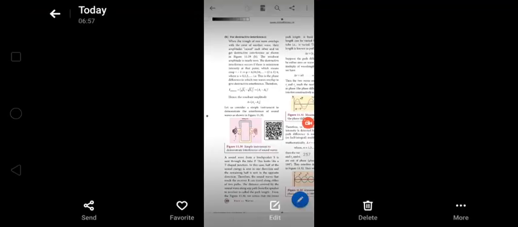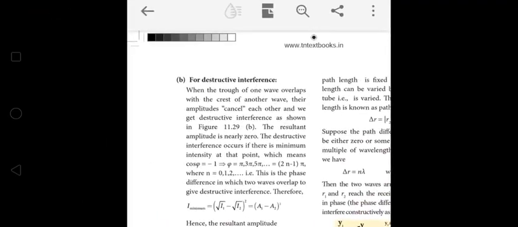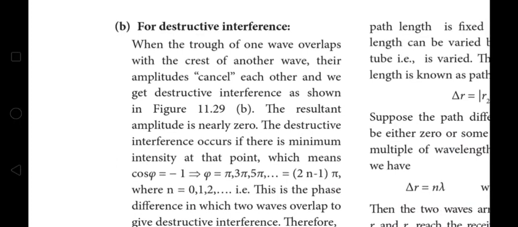What is the next thing? The destructive interference diagram is already given, but what is the explanation? In constructive interference, the crest overlaps with another crest. Here in destructive interference, the trough of one wave overlaps with the crest of another wave.